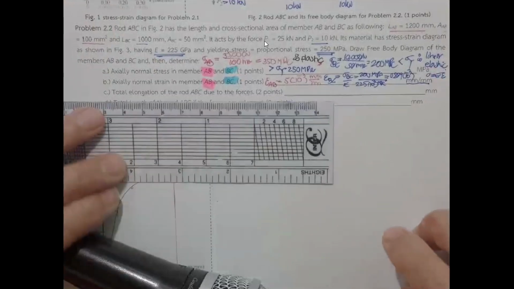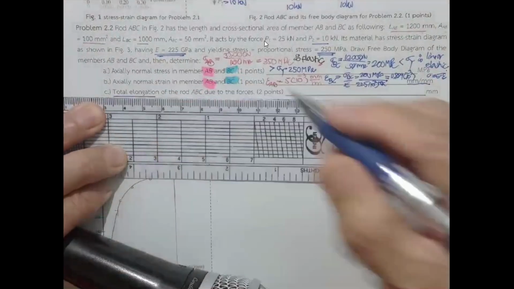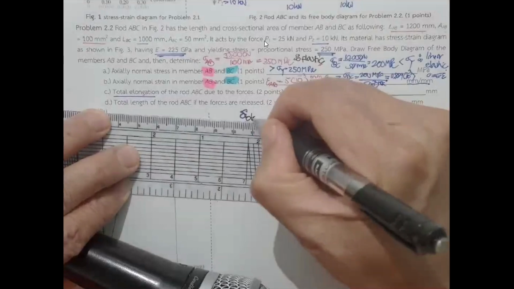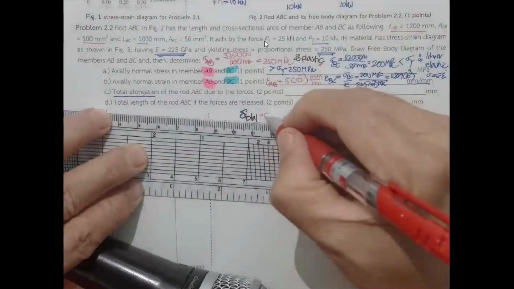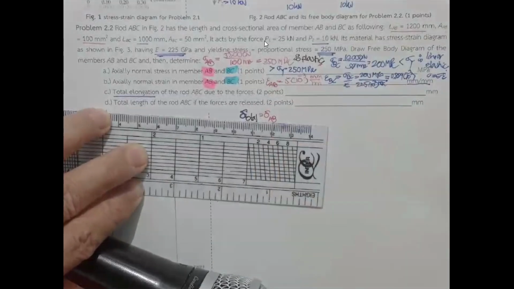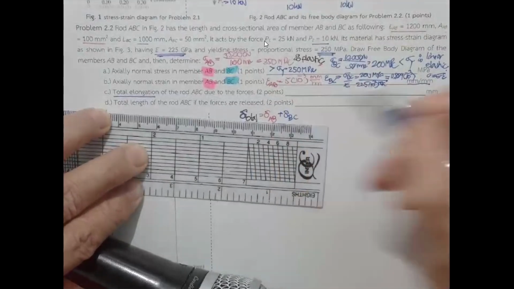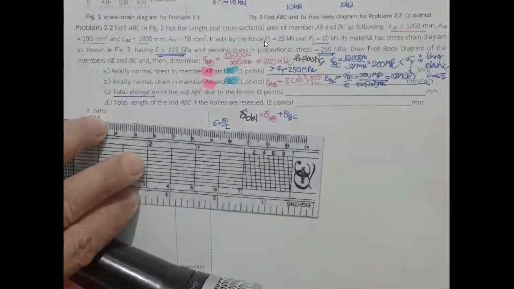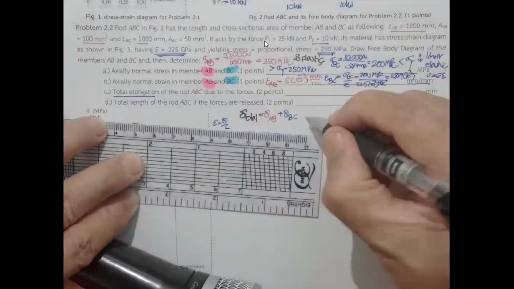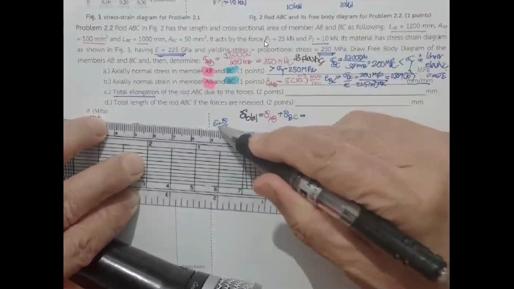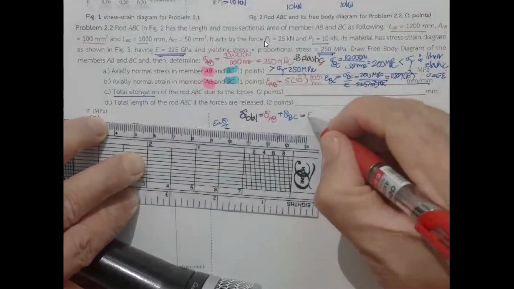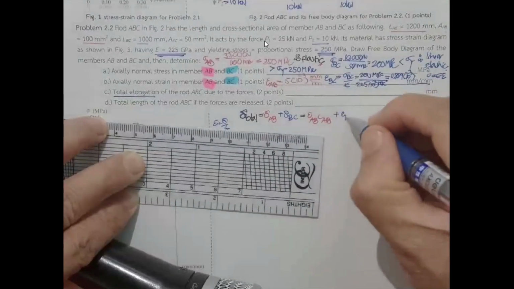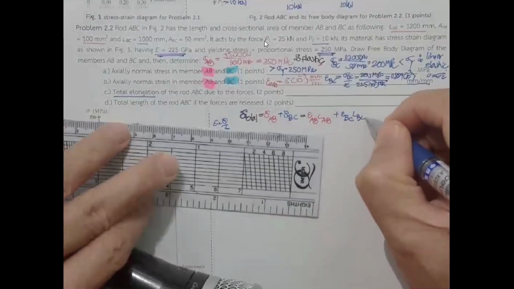Now they ask us again to determine the total elongation. Delta total is again going to be delta sub AB plus delta sub BC, and strain equals delta over L. So for this one, you will have strain times L. That's going to be strain sub AB times L sub AB plus strain sub BC times L sub BC.